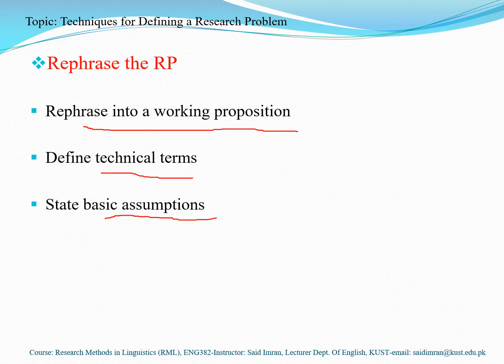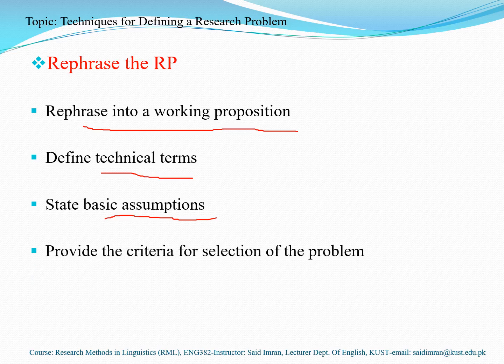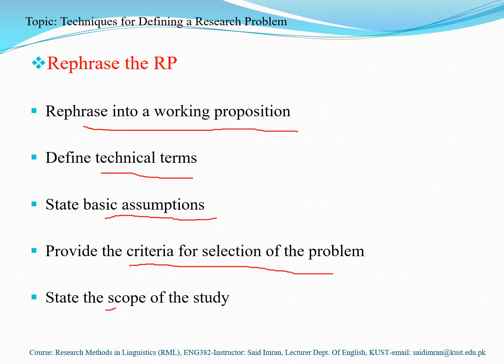Through this you are delimiting your study as well. And then you provide the criteria for selection of the problem. And this is the section on scope of the study, or purpose, objectives, or the benefits it will offer.